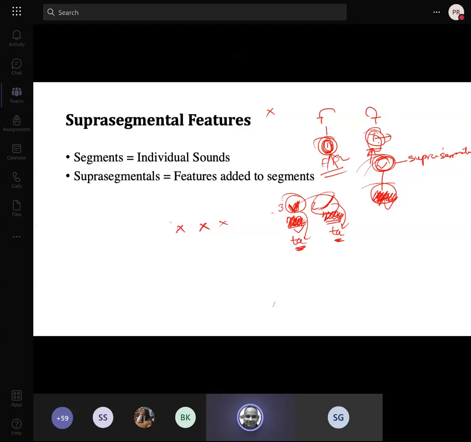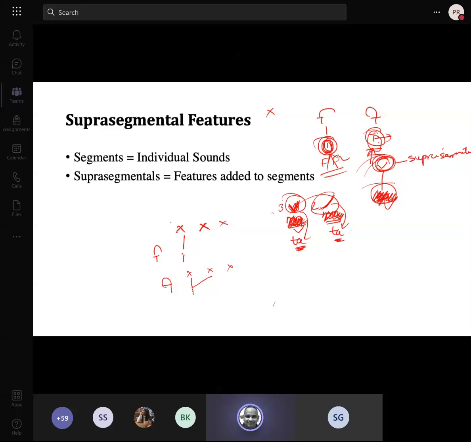Each cross would assume one timing tier. So when we were talking about a choti e, it will be associated with only one timing tier. But when we are talking about the badi e, this e in Hindi, then x, x, x, and this e will now be associated with two timing tiers, right?